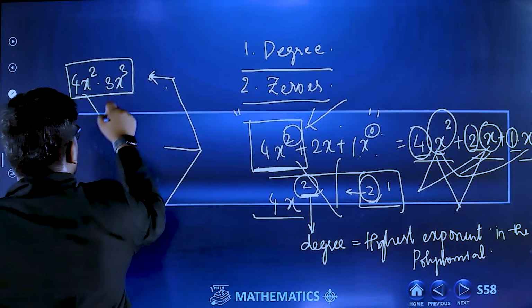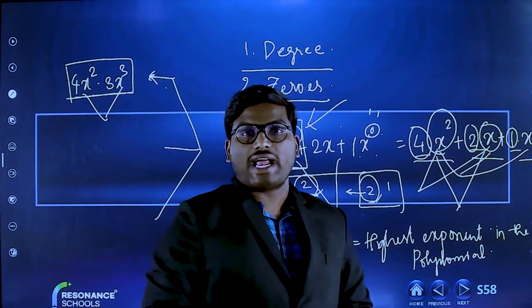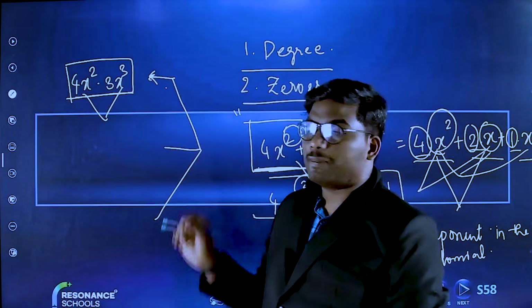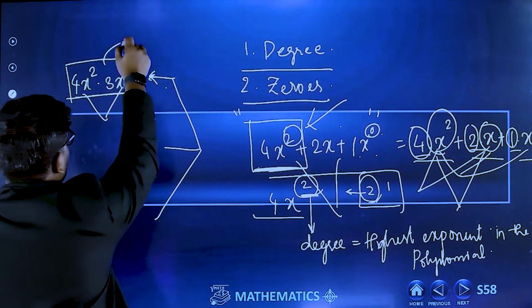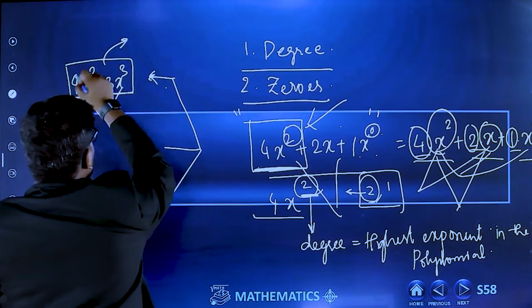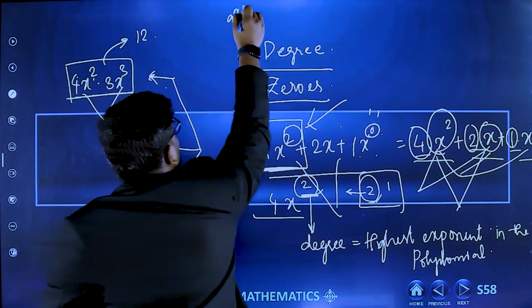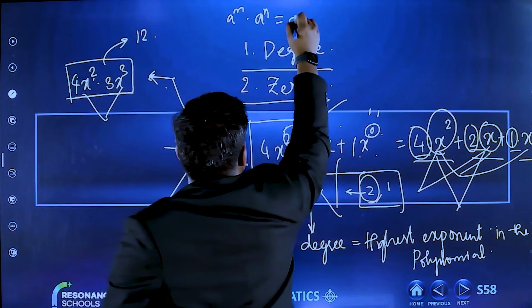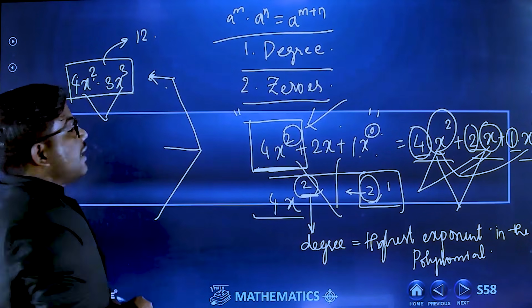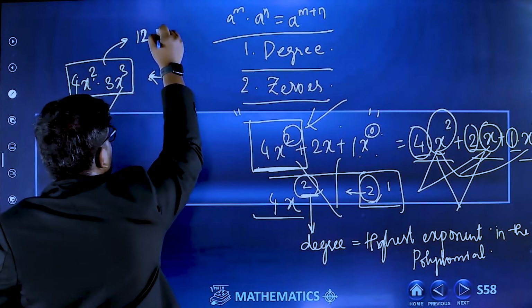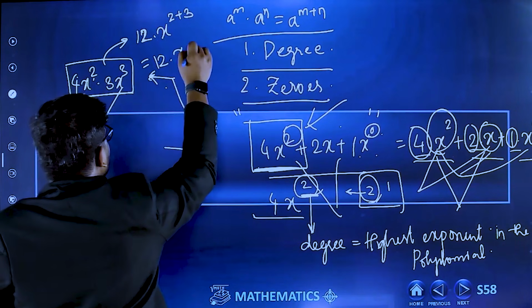But 4x square and 3x cube, even though they're unlike terms, are in multiplication. Now, if we get into the laws of exponents, it becomes 4 times 3, 12, into x raised to the power 2 plus 3, so 12 into x raised to the power 5.